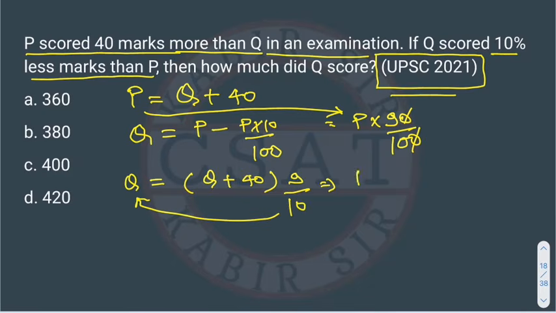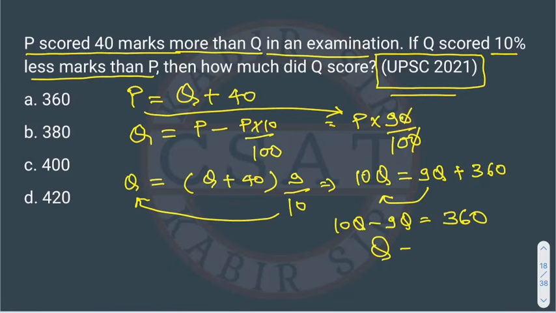So it will become 10Q is equal to, we will multiply, 9Q plus 360. So this 9Q will come this side and get deducted, right? So it will become 10Q minus 9Q is equal to 360. So Q is 360.